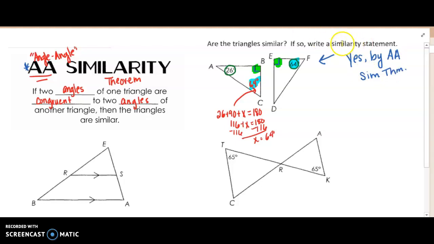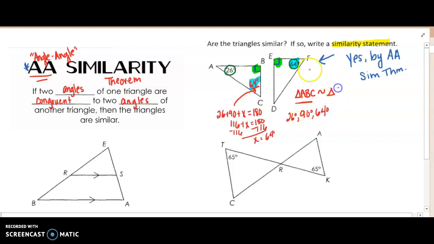Okay, now we want to write a similarity statement. I'm just going to start over here with this triangle. I can say triangle ABC is similar to triangle... Well, remember, order matters on the second one. I can do the order of the first any way I want, but the order matters on the second one. So my angle A is 26 degrees, my angle B is 90 degrees, and my angle C is the 64 degrees.